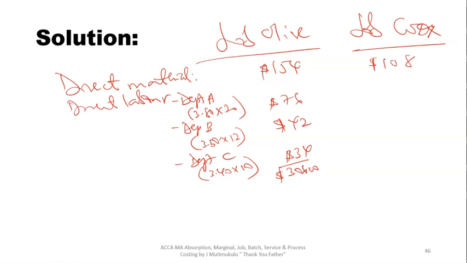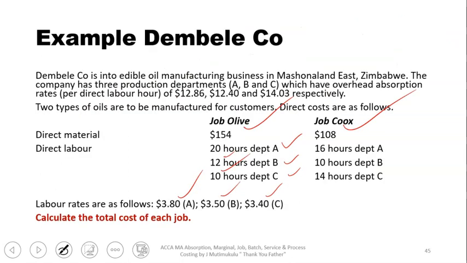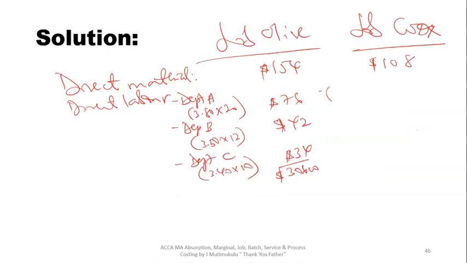We do the same. Department A for this job worked 16 hours, but they are still paid $3.80. So that's 16 hours by $3.80.